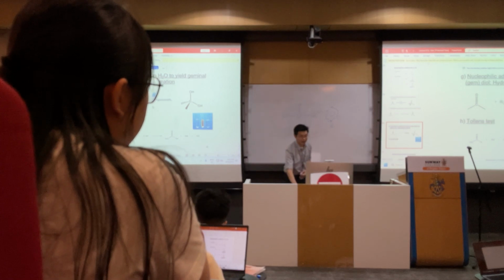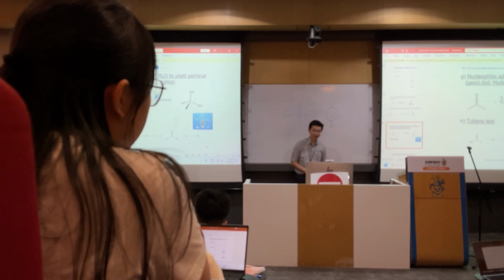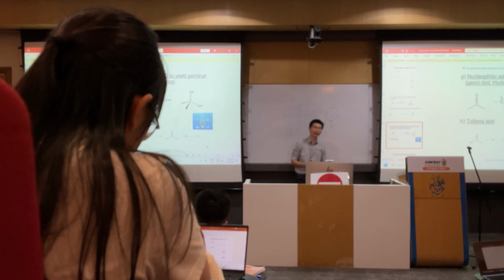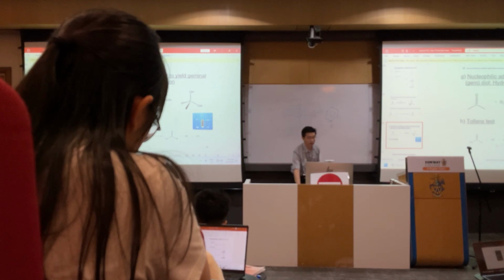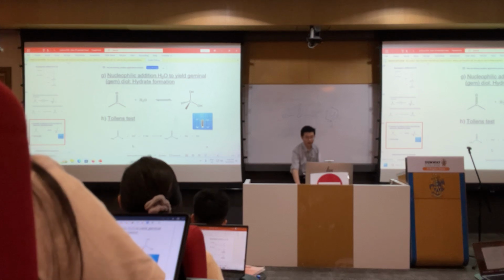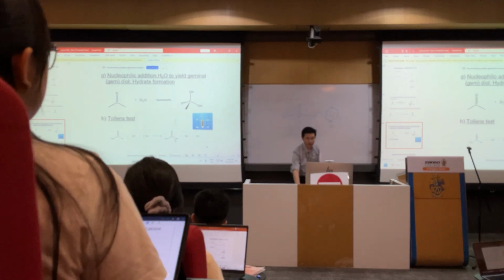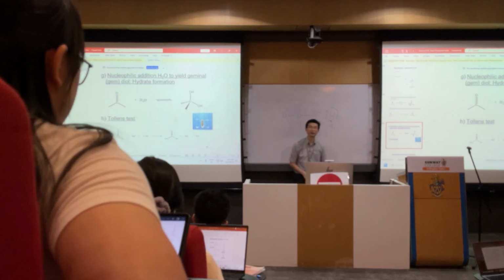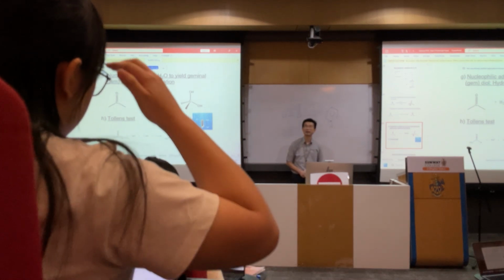So yeah, these are reactions that involve carbonyl. Besides the Brady test, we have this Tollens test. Okay, addition of silver, which is an oxidizing agent. Okay, to give you a carboxylic acid with a silver mirror. Okay.